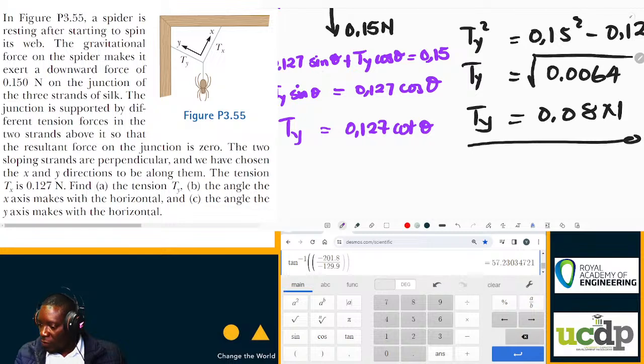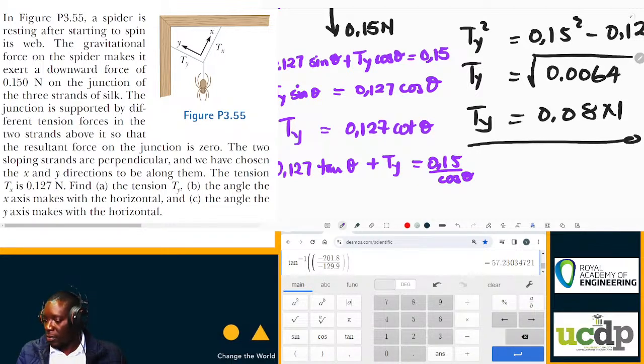And if we divide by sine theta here, we have 0.127 equals that divided by cos theta, 0.127 tan theta plus Ty equals 0.15 over cos theta. So we want to eliminate at least one of the two.